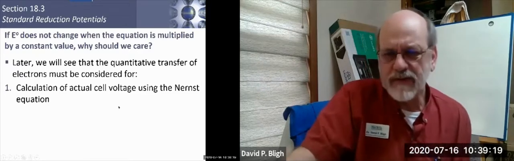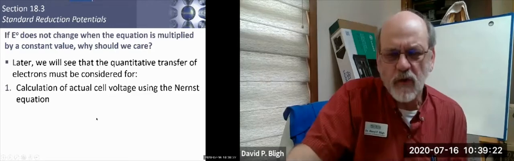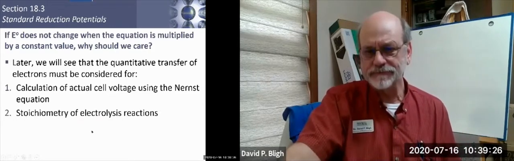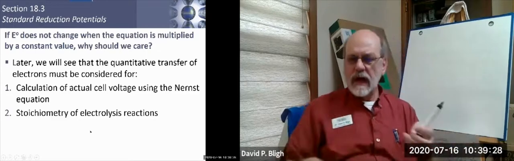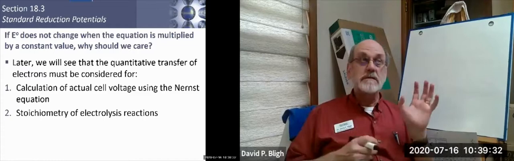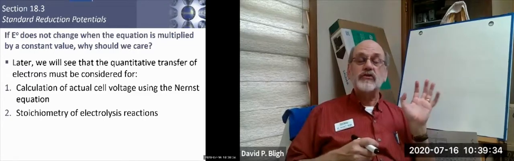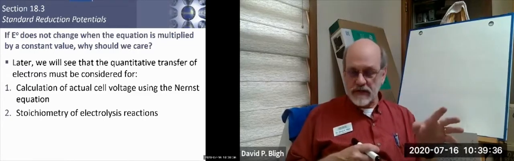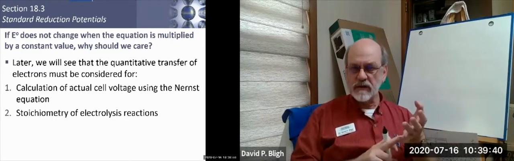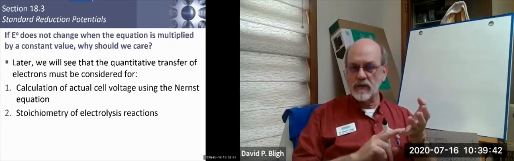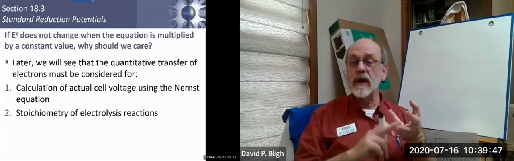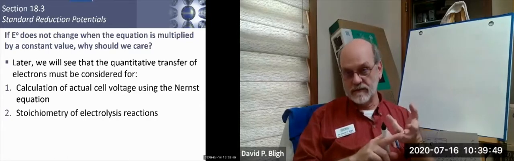Let's see. I've introduced the word Nernst equation here, but I haven't defined it yet. So we need to do that. In order to determine the true voltage on your cell, you need to know the concentrations of your anode and cathode solutions, and you need to know the number of electrons that are transferred.